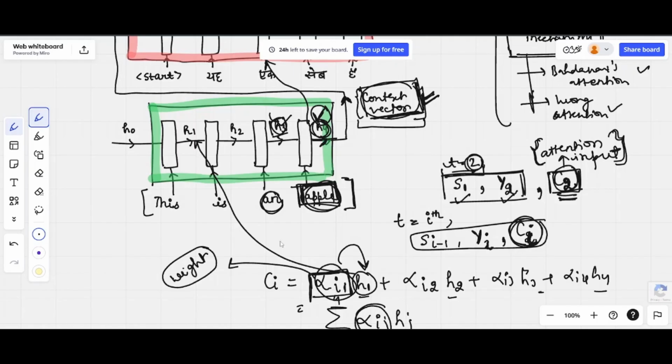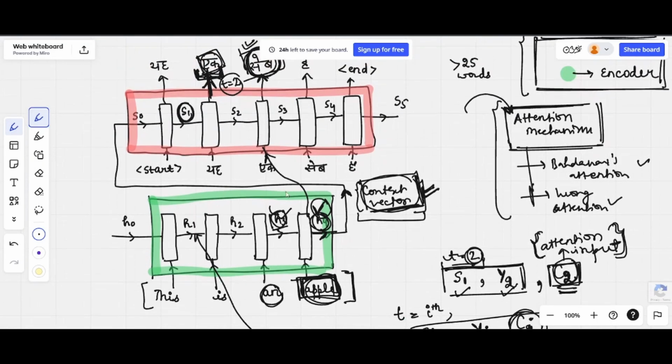So if this value is very high, that represents that my h1 is very important, and this is what we wanted, right? What we are doing is that we are not completely eliminating these hidden states.